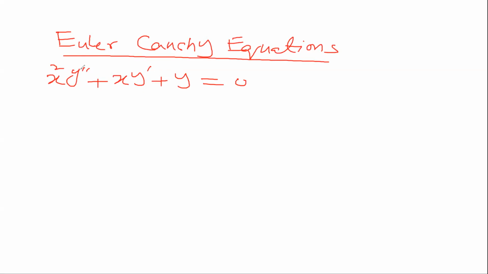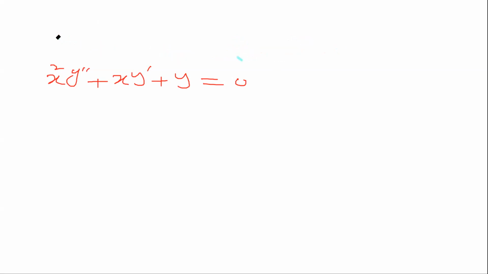So for the Euler Cauchy equation, let me discuss it later, because let me discuss the non-homogeneous case first, because that is more recent. The Euler Cauchy equation will be a little bit different from the non-homogeneous and homogeneous.